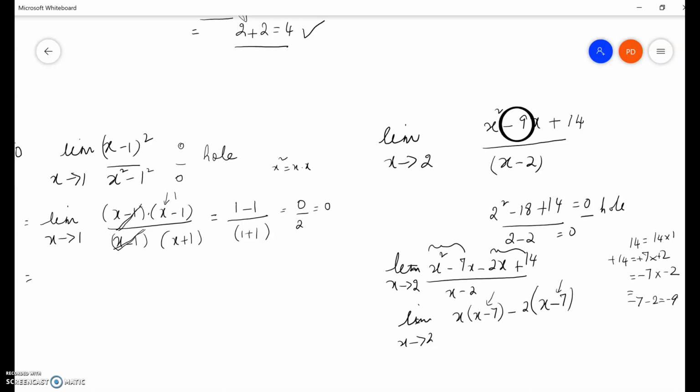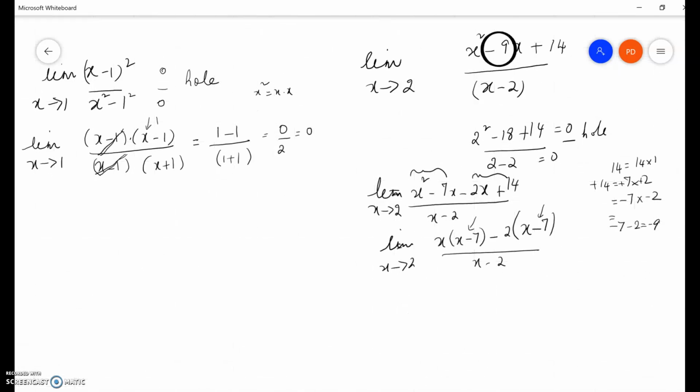Remember, these two have to match. The common factor is x minus 7, so factor that out. And you get x minus 7 times x minus 2. That's how we get the x minus 2 divided by x minus 2, limit as x approaches 2.